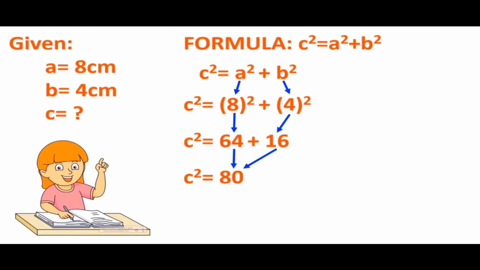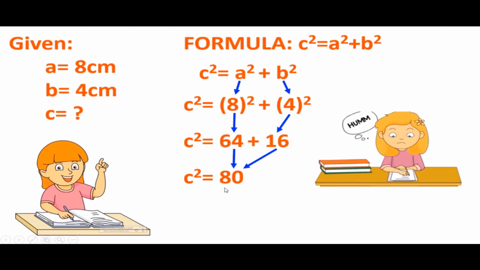Remember, we are only looking for the value of C, and we were only able to find the value of C squared. So, how are we going to find the value of C if we already have the value of C squared? To get the value of C, we have to cancel the square by getting the square root of the sum, 80.